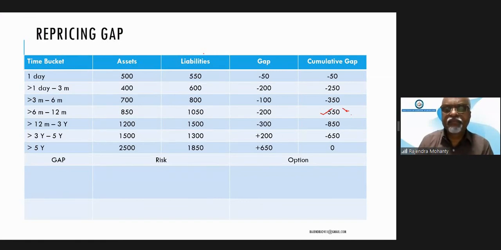We will try to increase the liabilities. Increase the liability? How? Increase the liability or no? Increase the assets. Increase the assets means the asset amount, or what are you telling? Asset amounts.